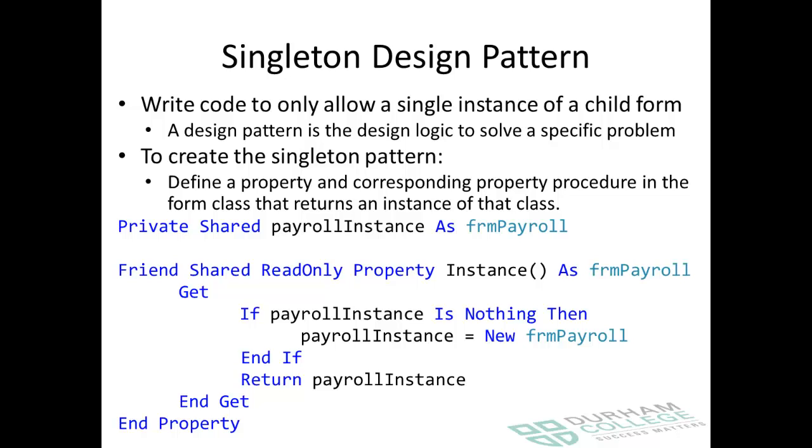But then I've opened up the read-only property that will actually return an instance of the payroll form as long as one doesn't exist. So this lovely logic here: if payroll instance is nothing, then payroll instance equals new frmPayroll. And there's your instantiation right there. And that will not happen anytime there's an existing instance of payroll. So that's what will prevent you from opening multiple child forms of the same form within a parent container. And then of course you return the instance.